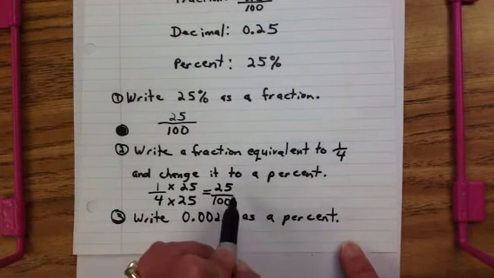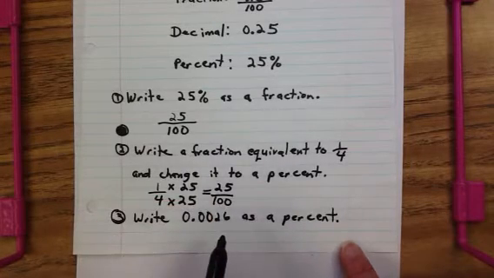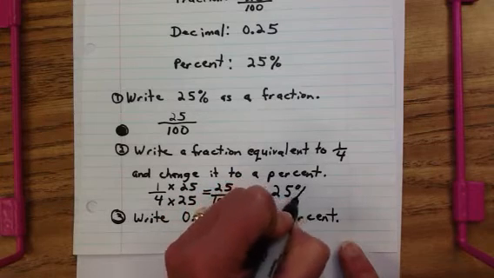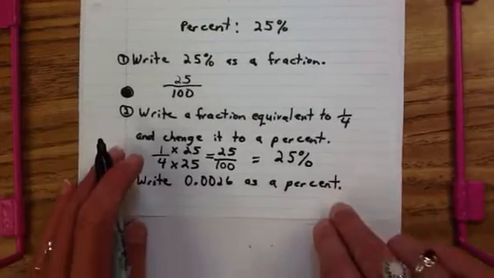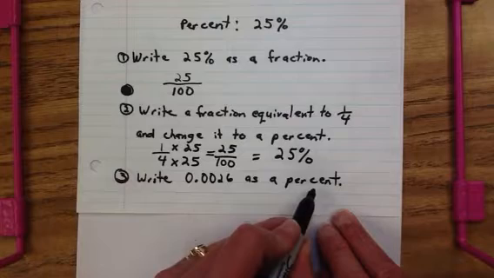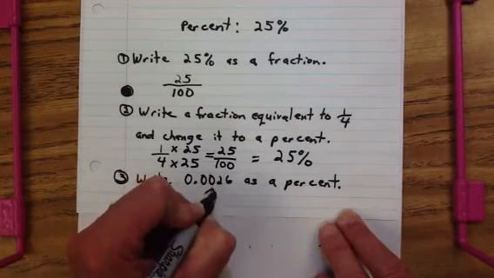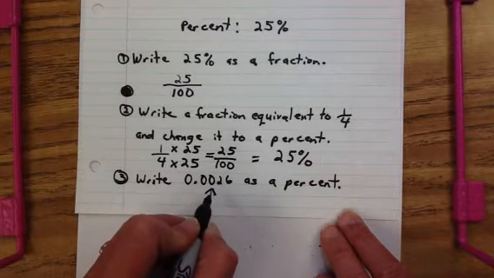Now I can change that to a percent because I know percent means per 100. So that equals 25%. Now my last problem asks me to write this decimal as a percent. Well, that's my 100th place right there. That's my 100th place.